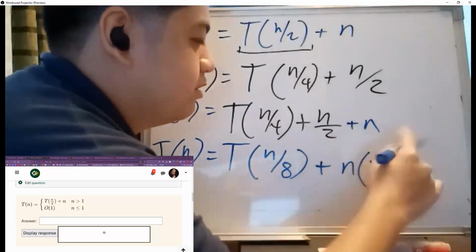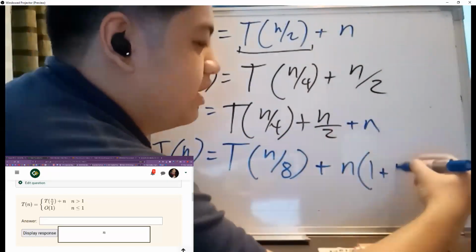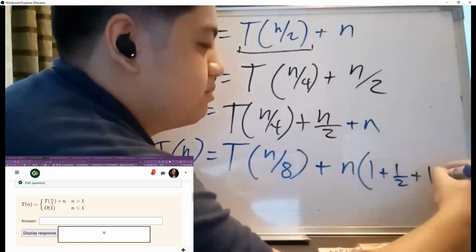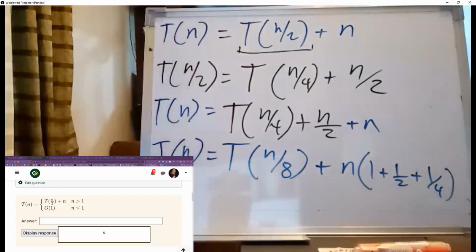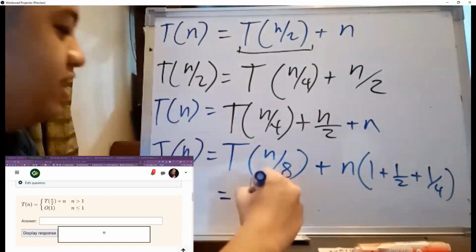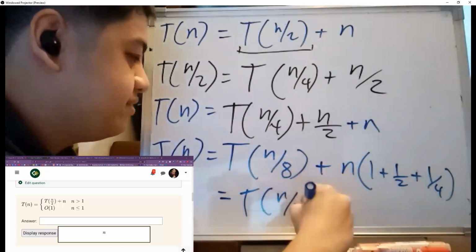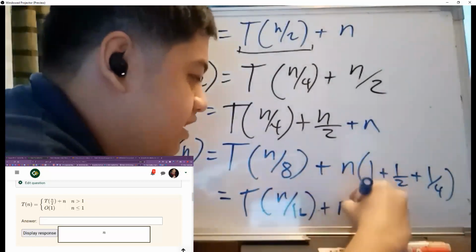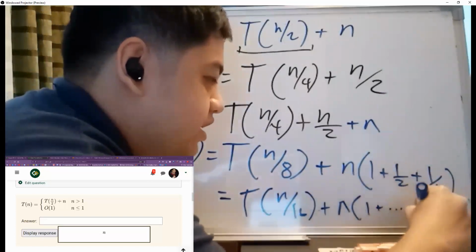Pero yun, yung una is 1N, then plus 1/2. And then yung next one is plus 1/4. Nakuha naman yun. The next naman is the N over 16 plus N, 1 plus dot hanggang 1 over 8.